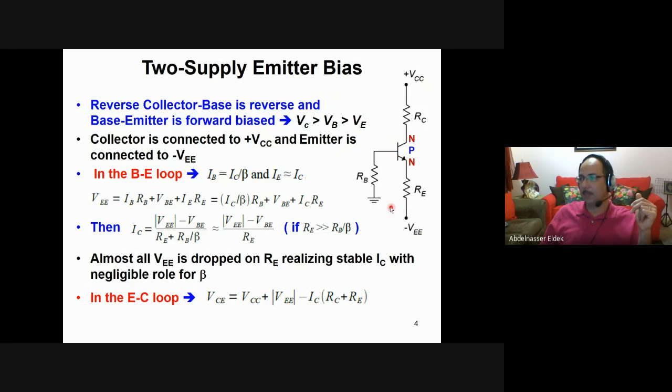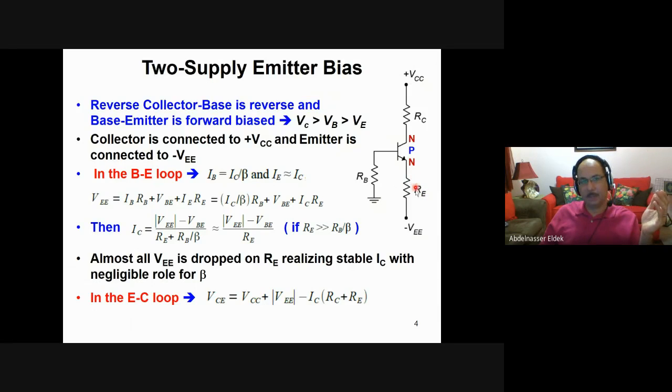Then you can simply say that VEE equals this voltage, which is IB times RB, plus this voltage, which is 0.7 volt, plus this voltage, which is IE, or approximately IC times RE.